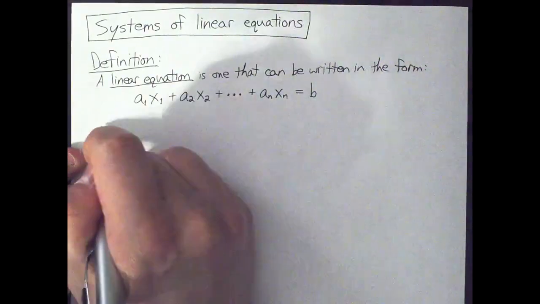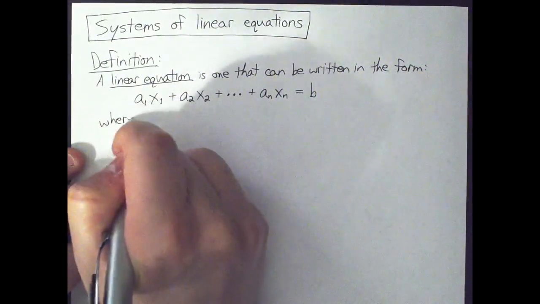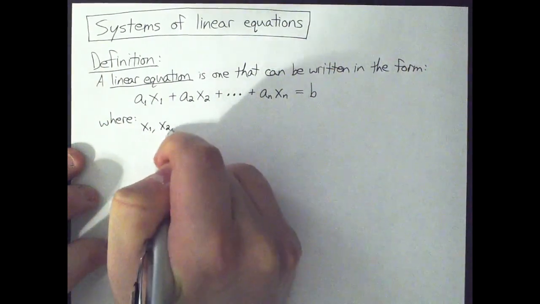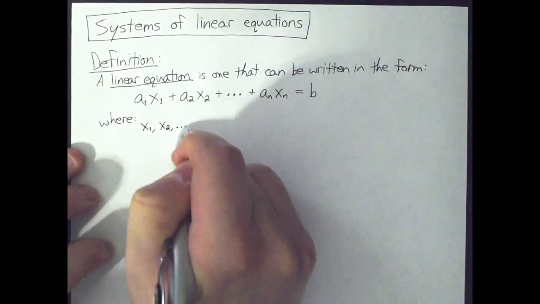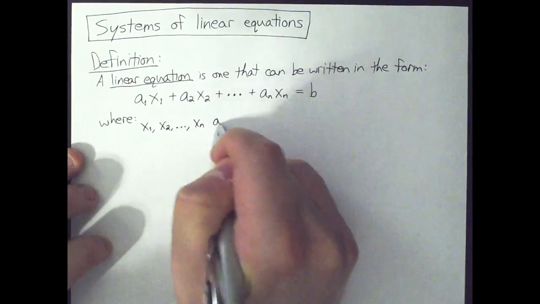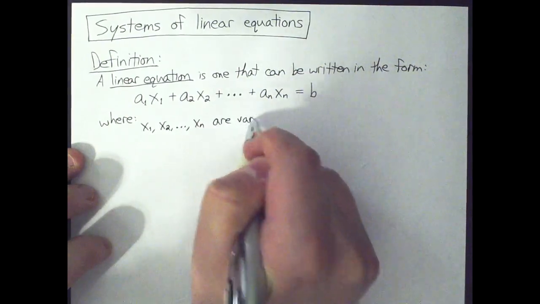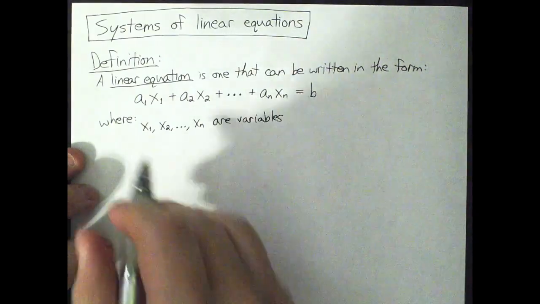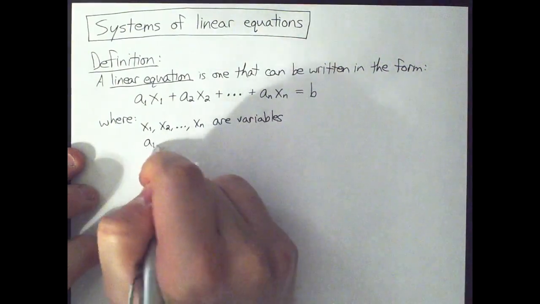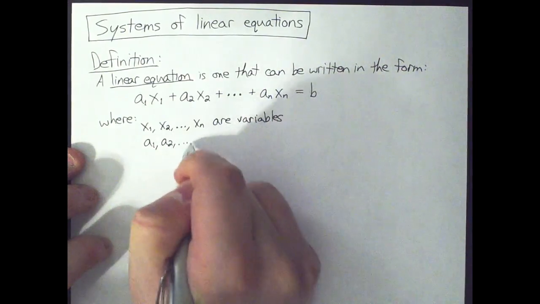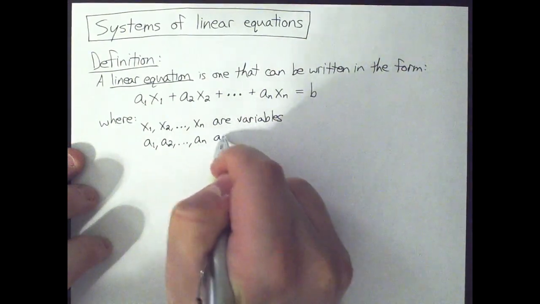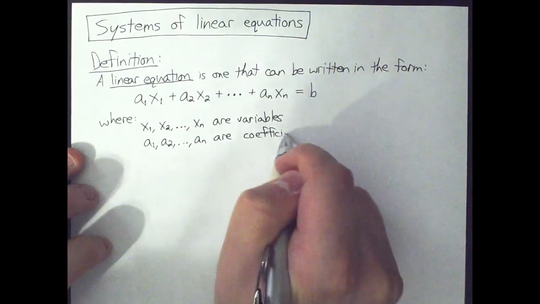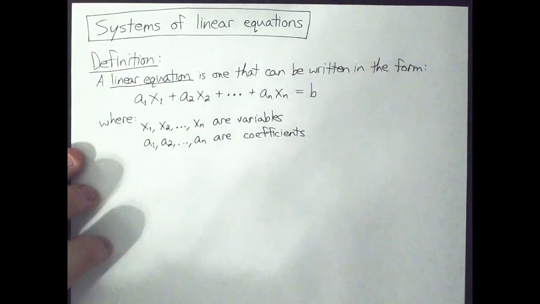So underneath this, let me just say what some of these things mean. We're going to say x1, x2, up to xn are variables. a1, a2, up to an are coefficients. So we could think of those as constants.